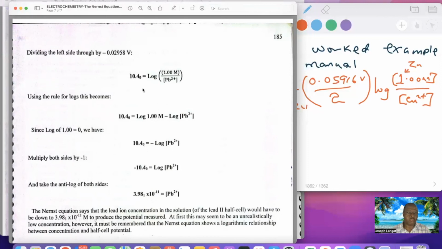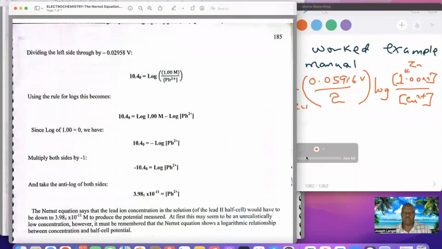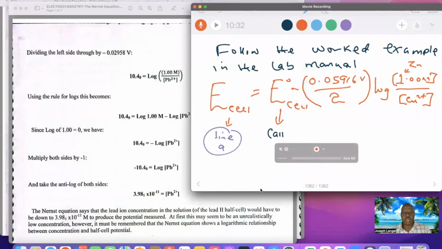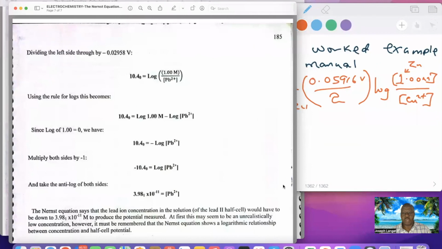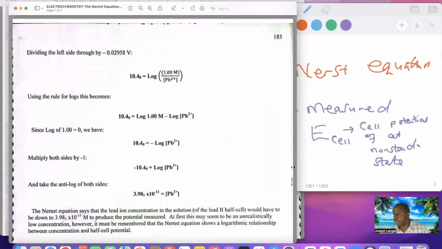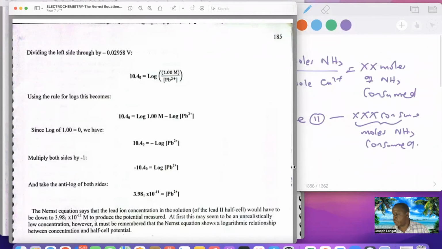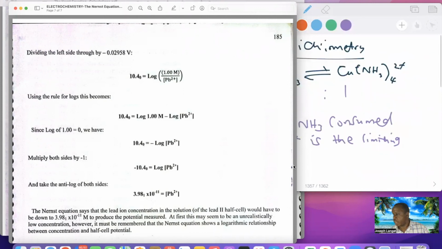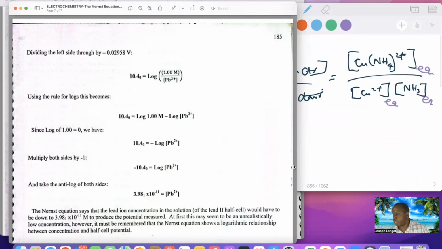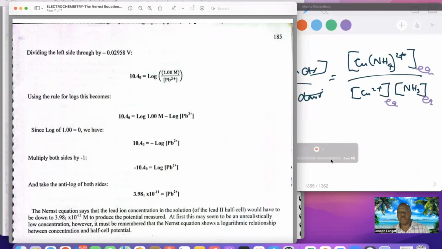I don't want to get into details on the logs. Remember, the concentration of lead will just be the same as the concentration of copper. So that you now have all the information you need to calculate the formation constant. You need to calculate the formation constant.